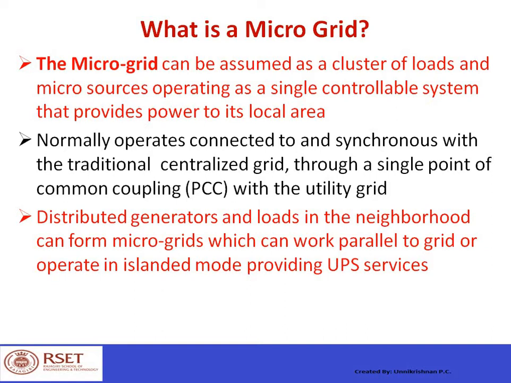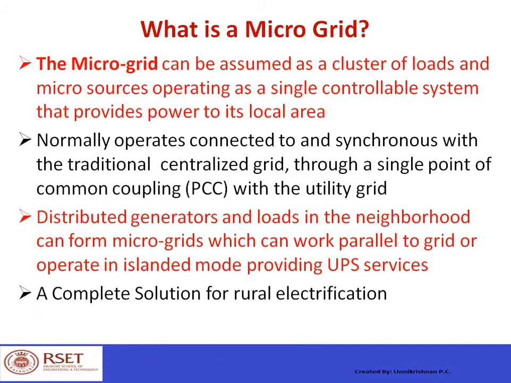So a microgrid is a cluster of loads and micro sources operating as a single controllable system. It can be connected to the grid or disconnected from the grid, and when it is disconnected we call it the islanding mode.